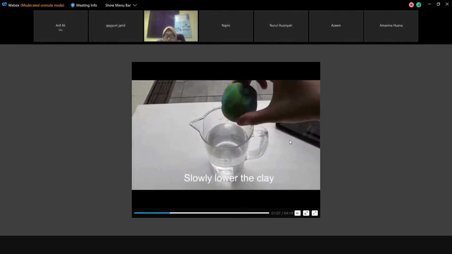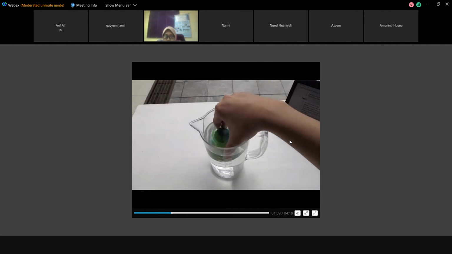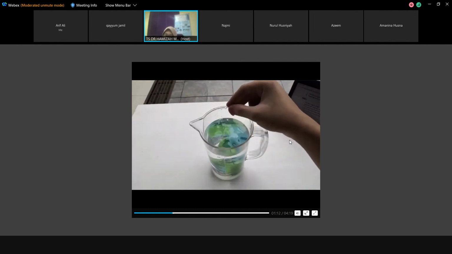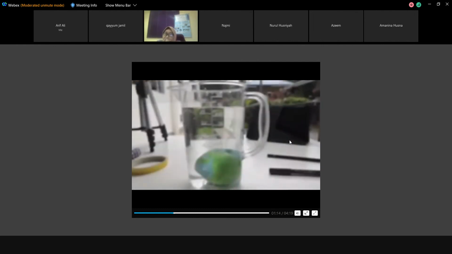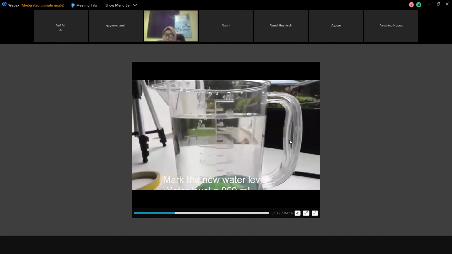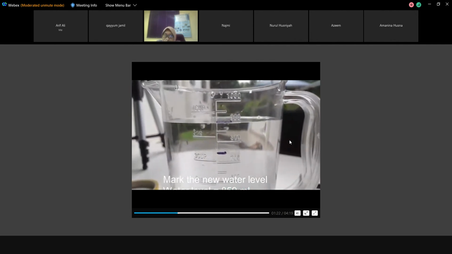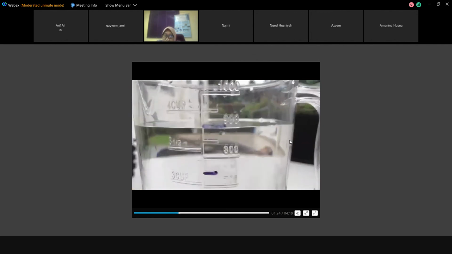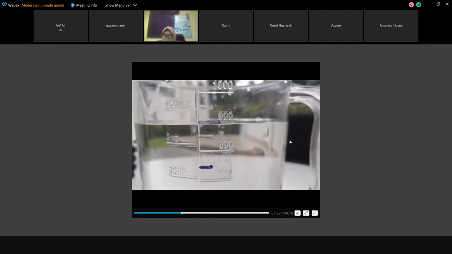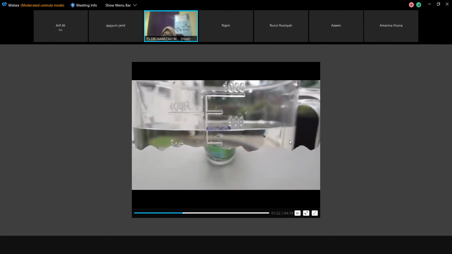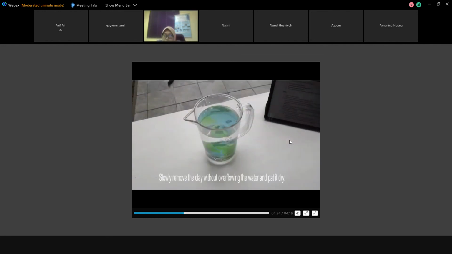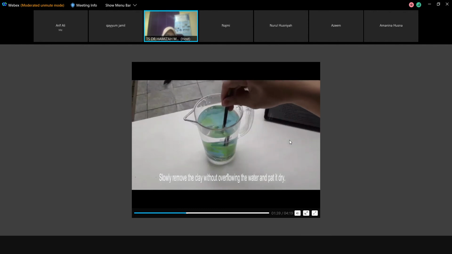Okay, this is before it becomes a boat. It should sink. So we know the weight of the clay. If you want to explain, you can too. Instead of writing the instructions at the bottom, you can use your voice to explain the experiment.